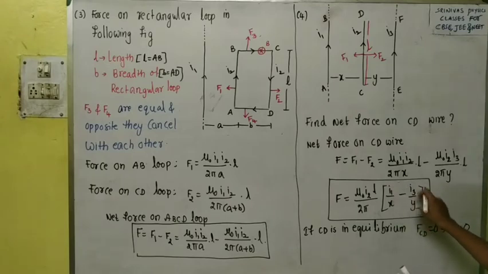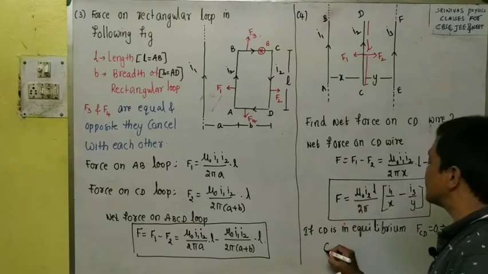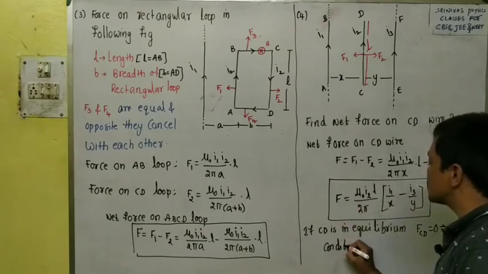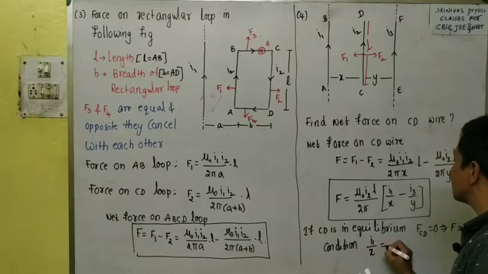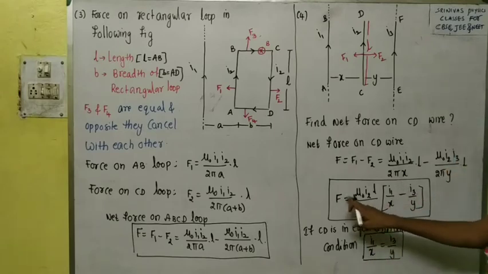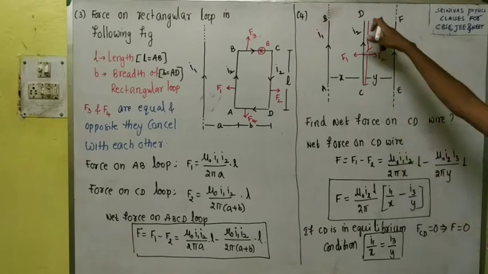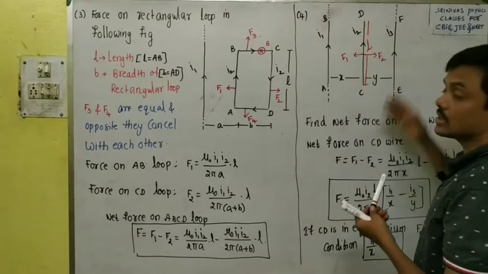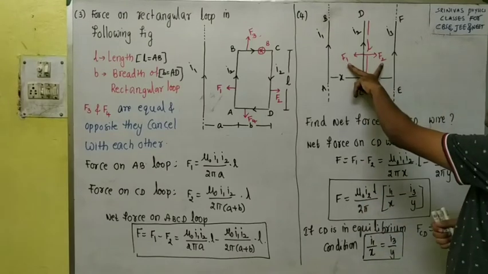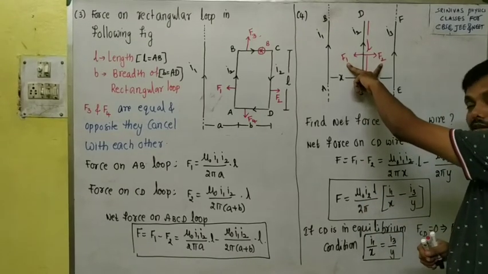If these two are equal, then F will become 0. The condition is I1 by x equals I3 by y. If these two are equal, then the net force is 0. When the net force is 0, CD will be in equilibrium, meaning CD will not go to the left side or to the right side. That means these two forces will cancel each other.